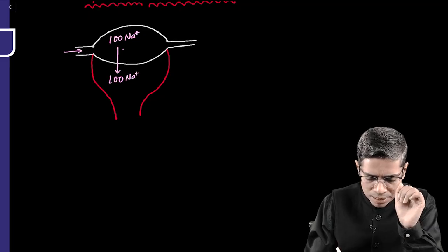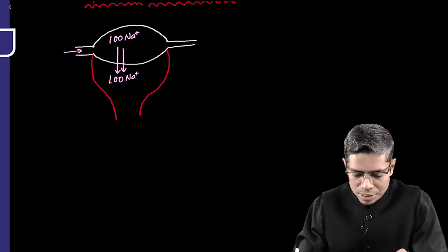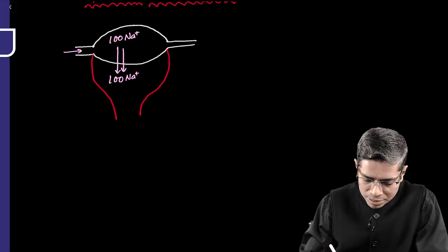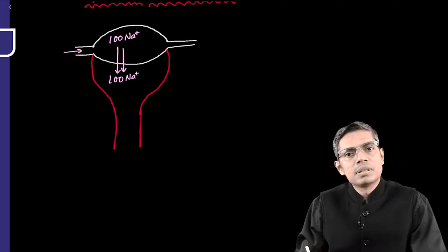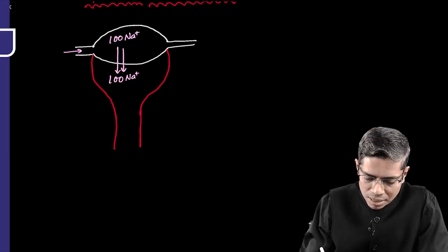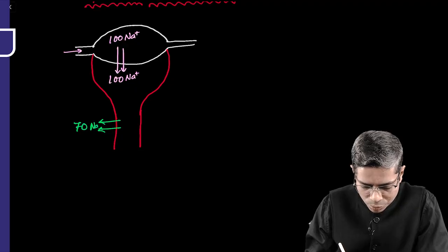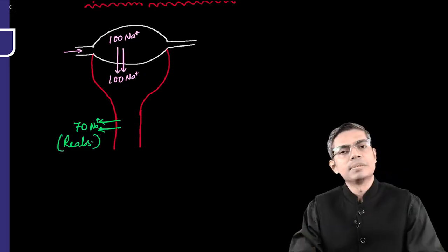Within this 100 molecules of sodium, at the level of proximal tubule, how much is going to be reabsorbed? The percentage is 65 to 70 percent. So suppose the proximal tubule is going to reabsorb 70 molecules of sodium. That is the reabsorption at the level of proximal tubule.